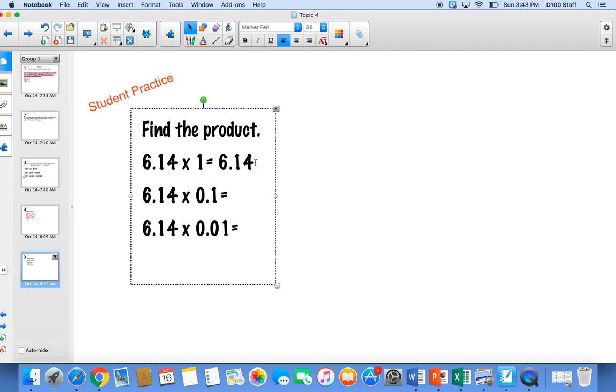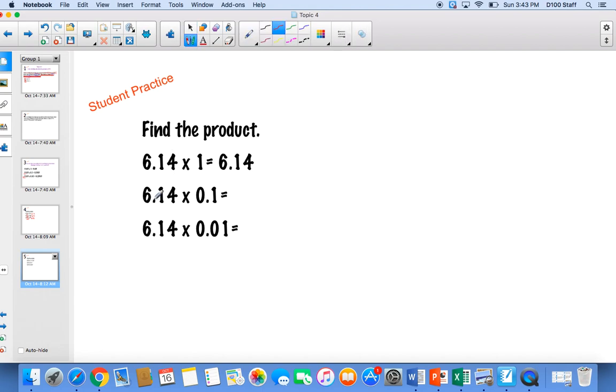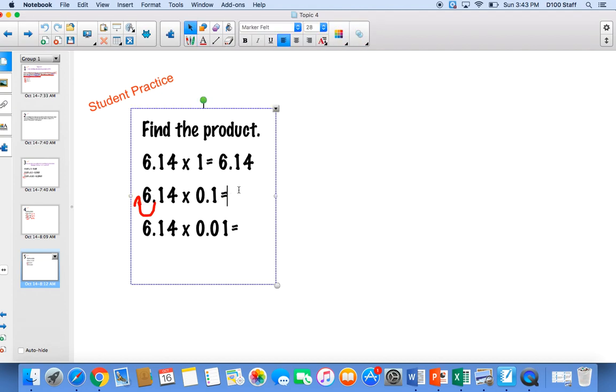So 6 14/100 is our first answer. Now we're multiplying by 1/10. We have to move our decimal place 1 place to the left. And my new answer, or my product for this problem, is going to be 0 and 614 thousandths.